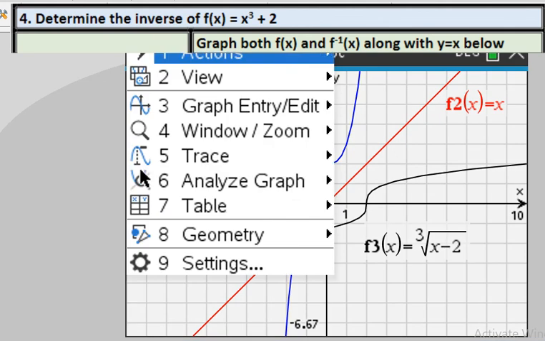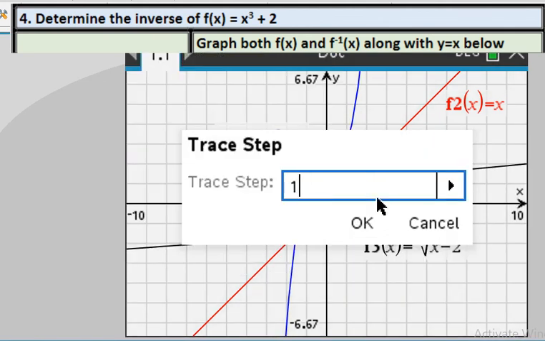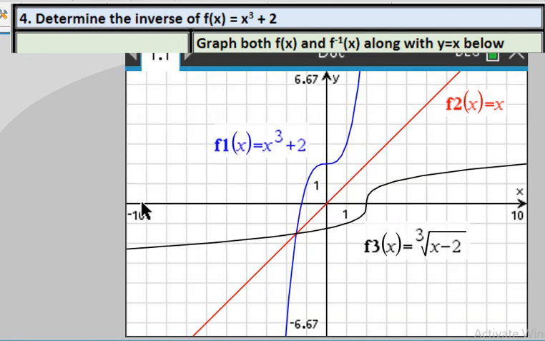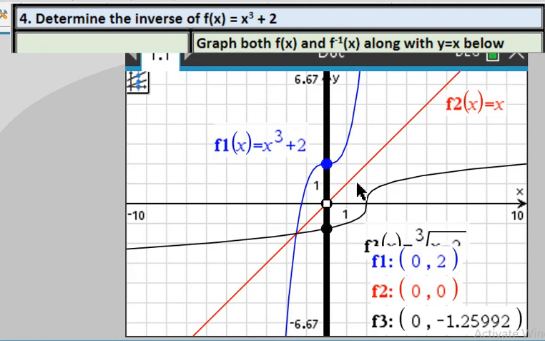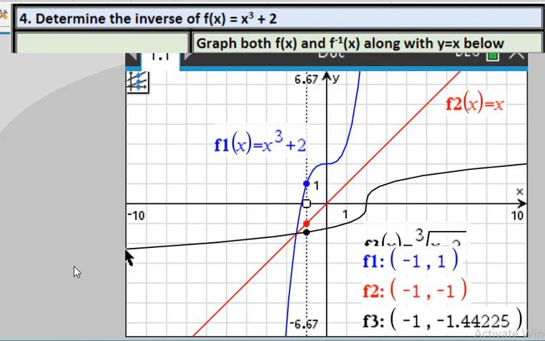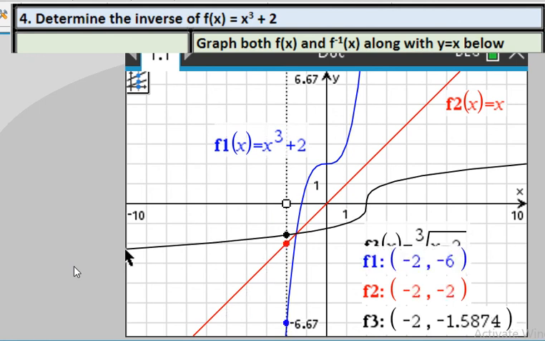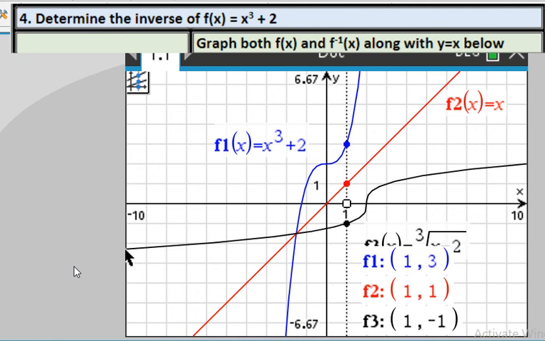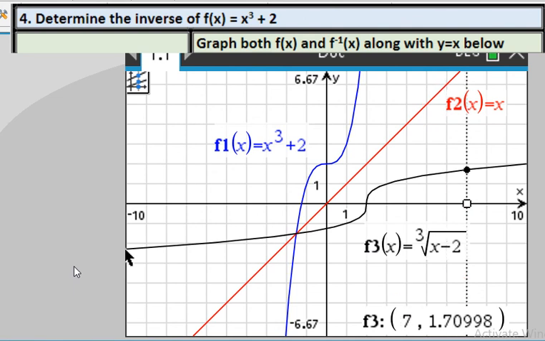So if I set up our trace, lock our trace step at 1, and then trace all, notice as I move, we get all these points.